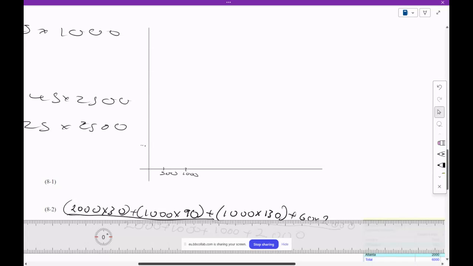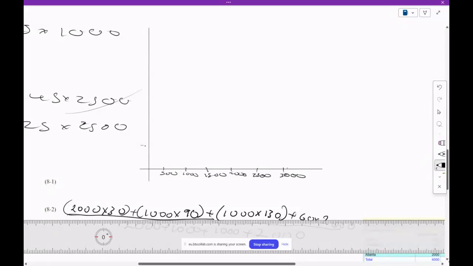Something is wrong, it's my mouse. 1500 and 2000 and 2500 and 3000. Okay.